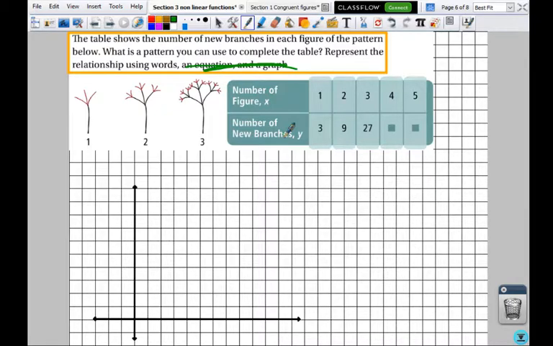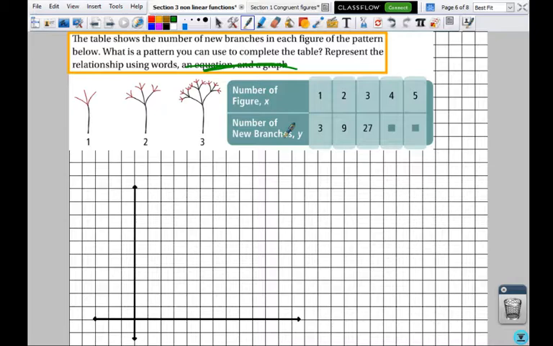This one's a little tougher. What about a tree graph? So you're figuring out this table is based on this picture here. Are you figuring out the relationship between this side and this side? Or are we graphing this one? So how do you go from 3 to 7?